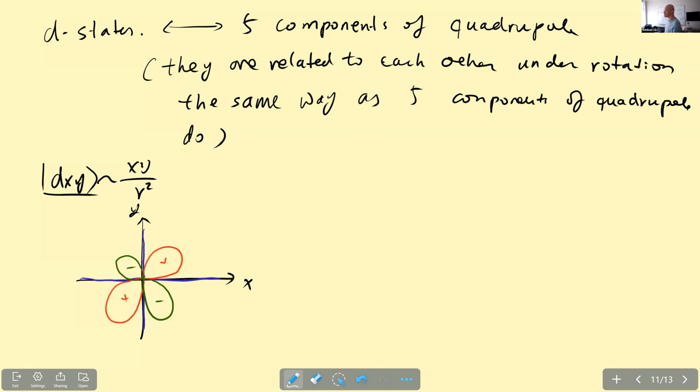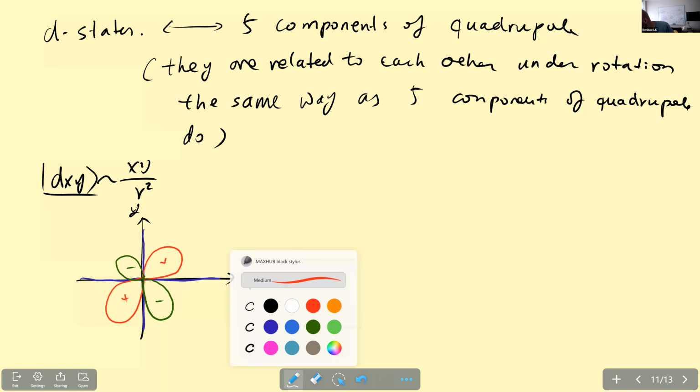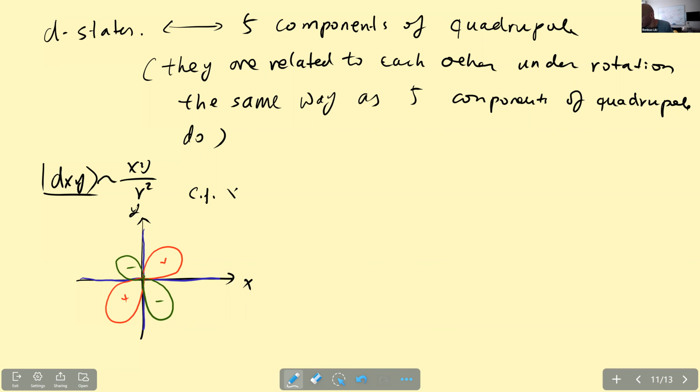So you can see that if you have a charge distribution like this, the total charge is 0, and the dipole is 0, but the quadrupole is not 0, okay? So this is one of the quadrupole components, similar to the XY component of a quadrupole.